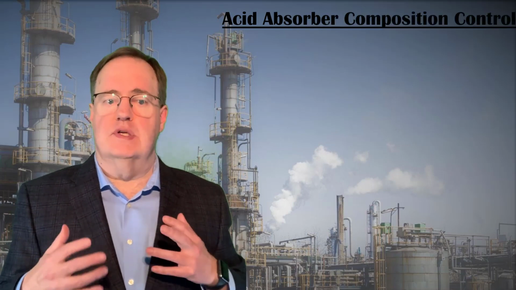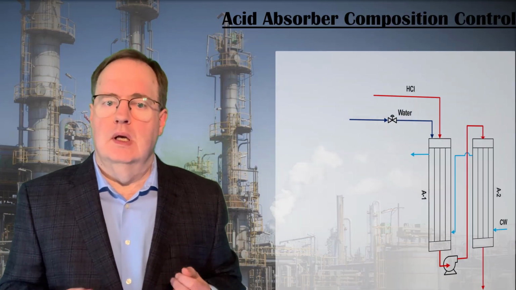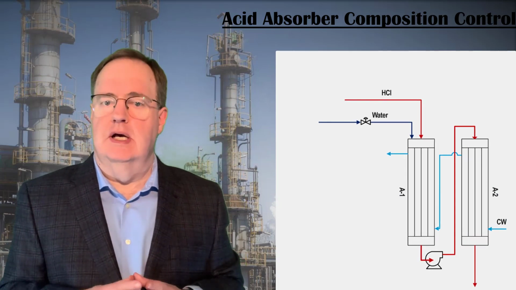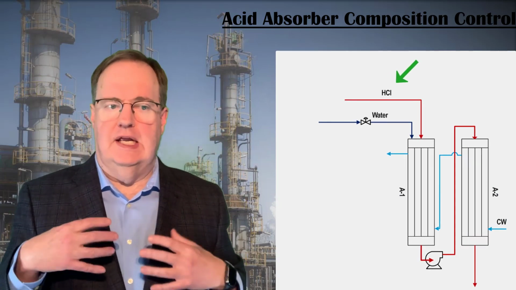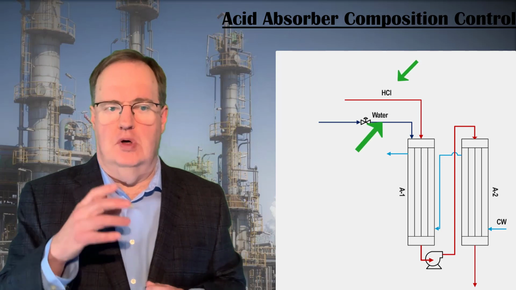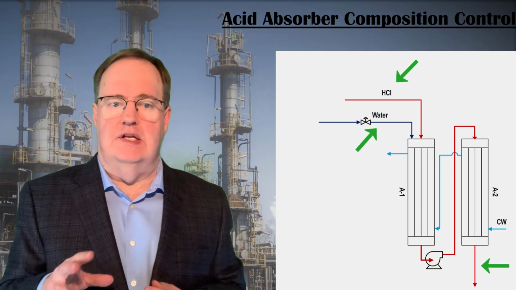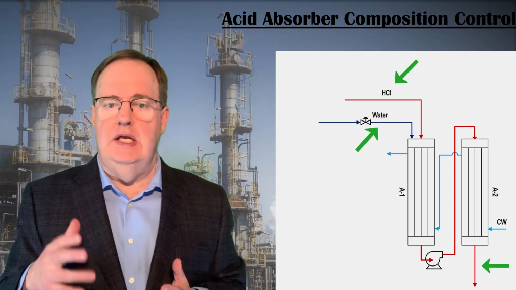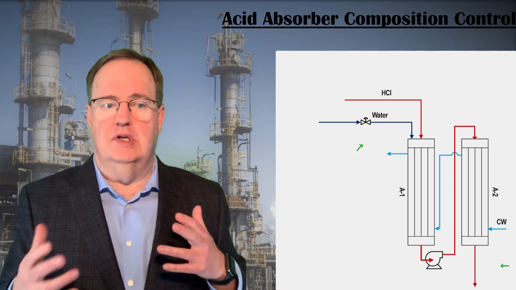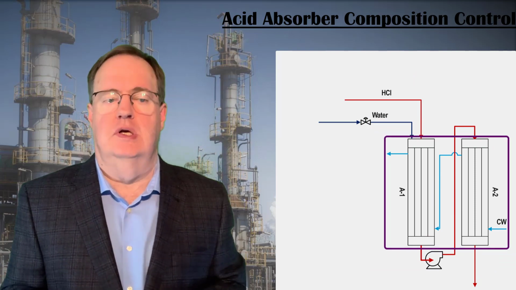Here's another example where a model-based feed-forward solution can be applied. This is a hydrochloric acid absorber, where gaseous HCl is absorbed into water to form hydrochloric acid and a great deal of heat. Because of the heat, HCl absorbers are most often graphite heat exchangers.